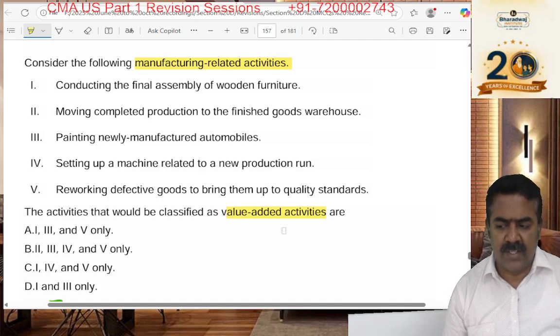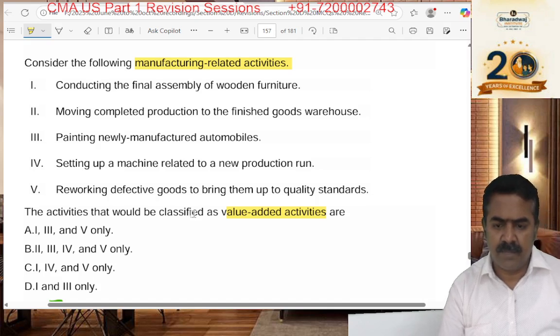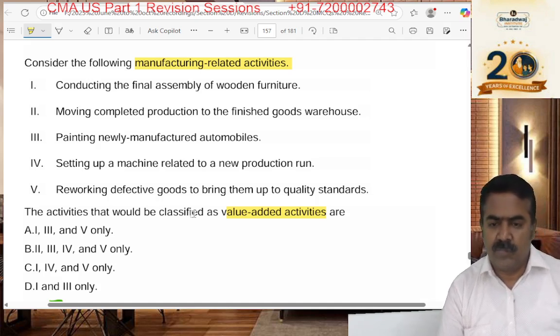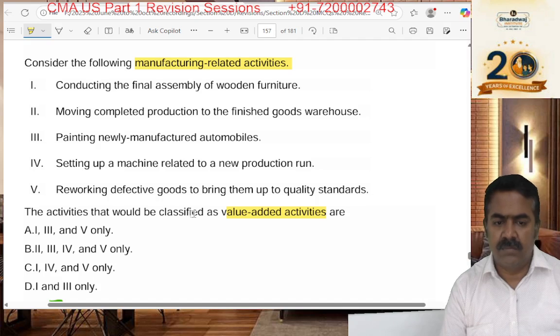What will be classified as value added activities? Conducting a final assembly is a value addition. Moving the inventory is not a value addition.